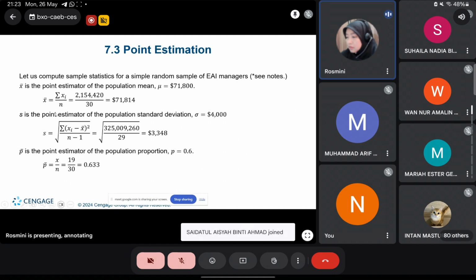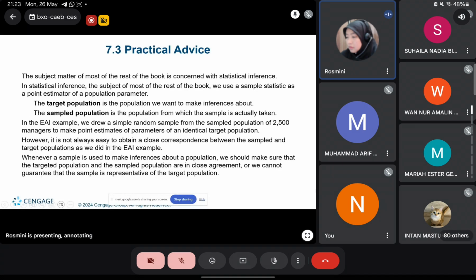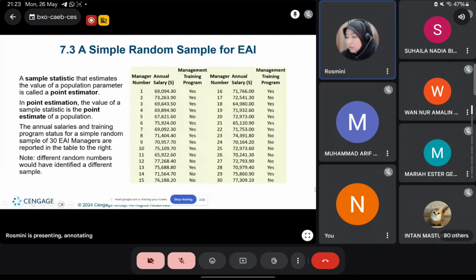We are using this formula here. This is X bar, 71,814. So for each of these, 69,094 minus 71,814, 73,263 minus 71,814, and so on.